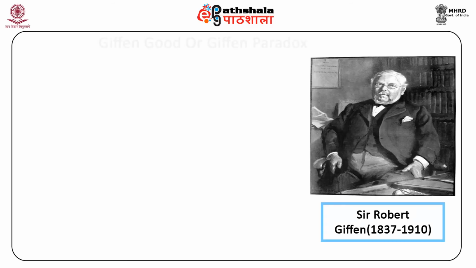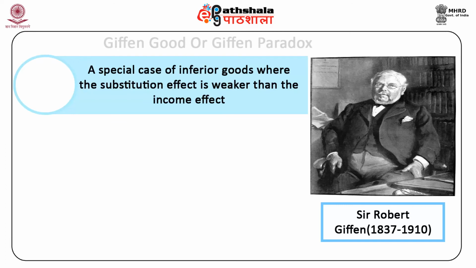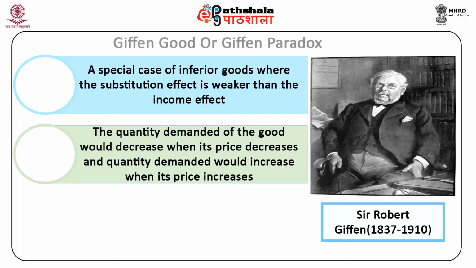Note that in certain cases, it is also possible that the substitution effect is weaker than the income effect when the price of an inferior good declines. In this case, the quantity demanded of the good will decrease when its price decreases, and quantity demanded will increase when its price increases.